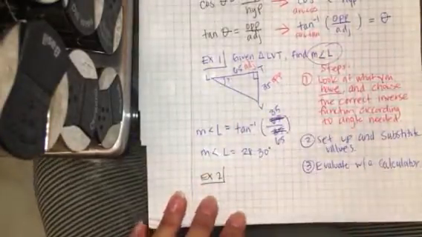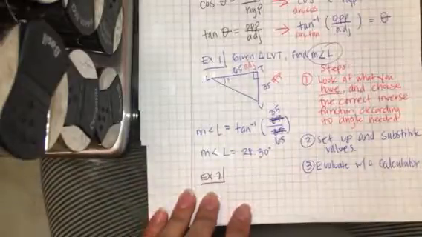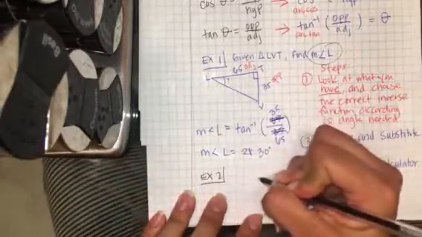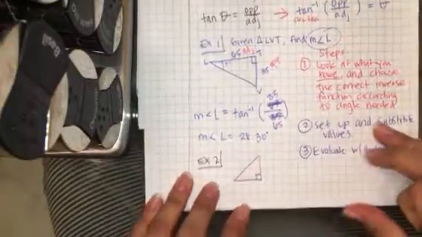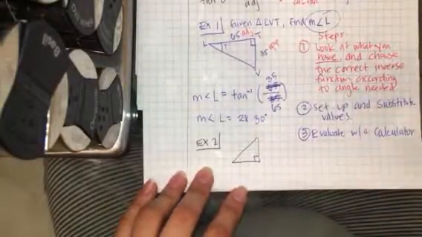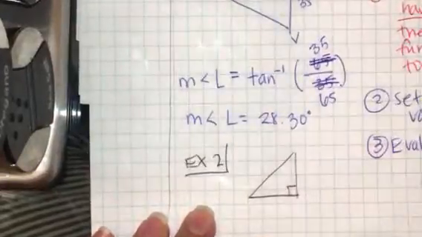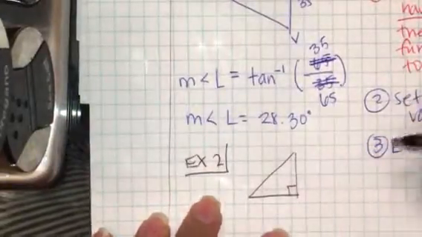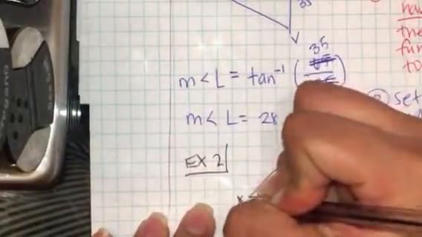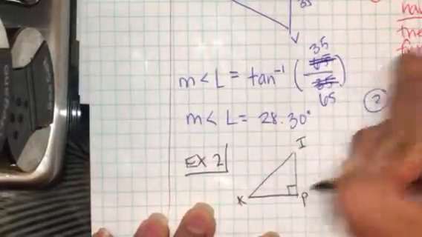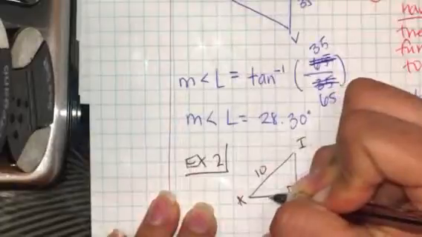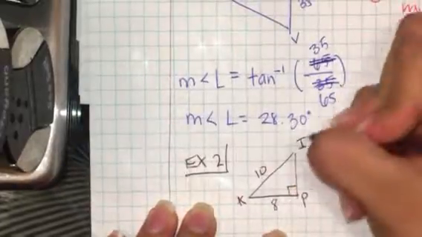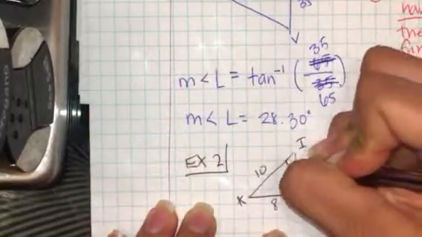Say that I give you this triangle right here. Hope you guys can see that. I'm going to zoom in just a tad. Okay, and this is K, this is I, and that's P. This is 10 here, this is 8, and I want you to find this angle right here.